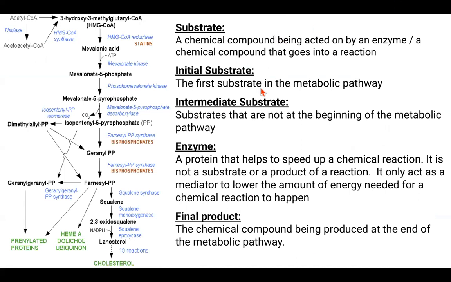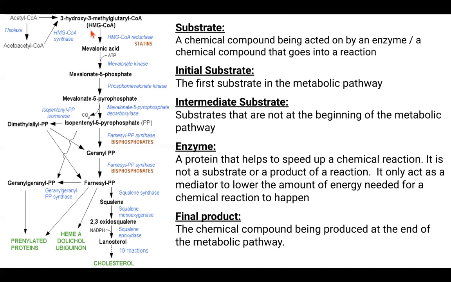Now, these are the words that I do expect you to know or to be able to use. You don't have to memorize these definitions word for word, but you need to know how to use them or identify them in a metabolic pathway. Substrate is basically a chemical compound that goes into a chemical reaction.